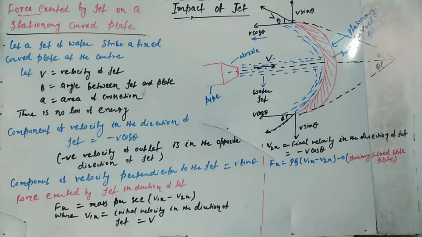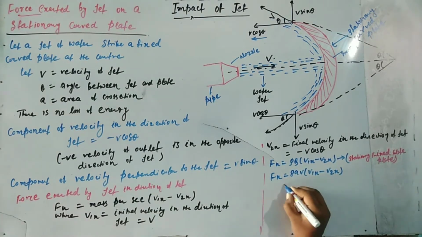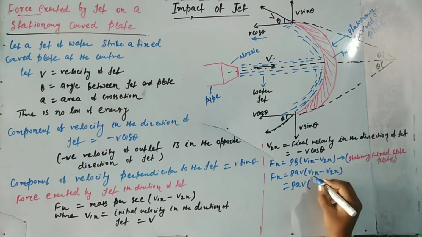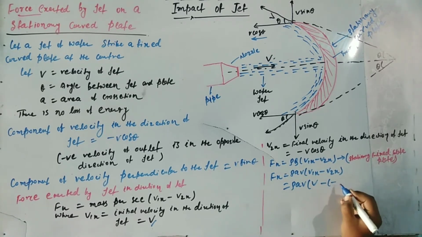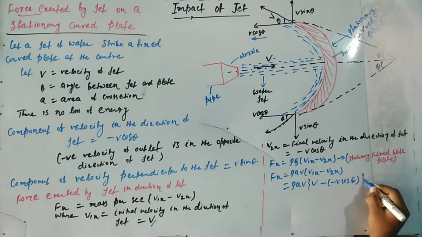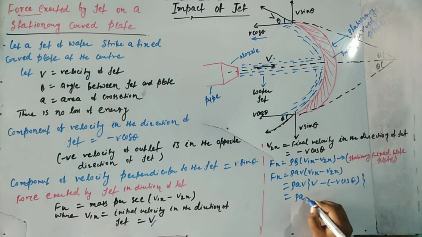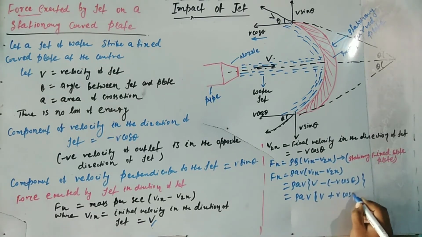It is also called the stationary fixed plate equation, and this equation is used in every formula for finding force. So Fx equals rho A v into (v1x minus v2x), or Fx equals rho A v into (v minus (minus v cos theta)), which is rho A v into (v plus v cos theta).